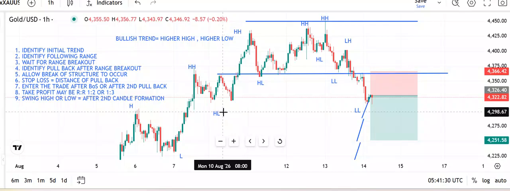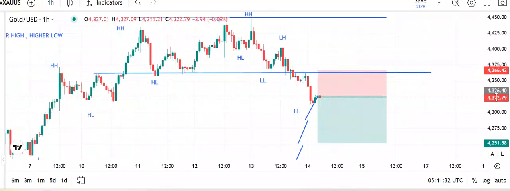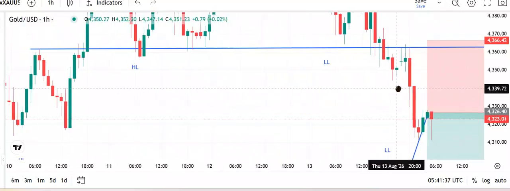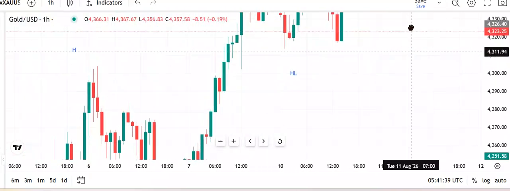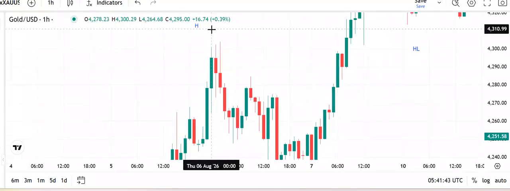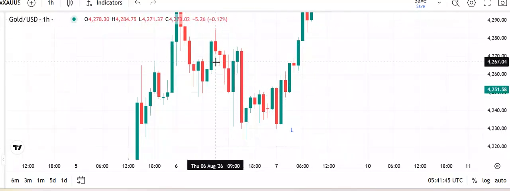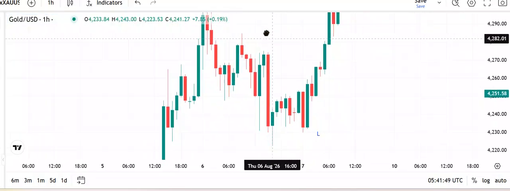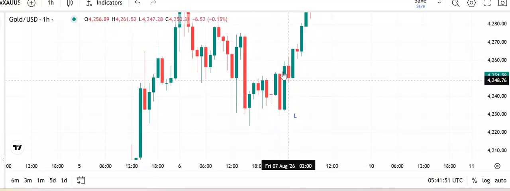Alright, so if I zoom, let me zoom to the beginning where we have the high. This is the high, this is the low. So we have a high here, price forms a high here. So how do we know we have a low?